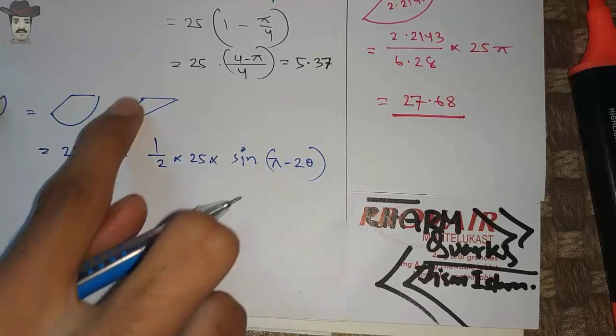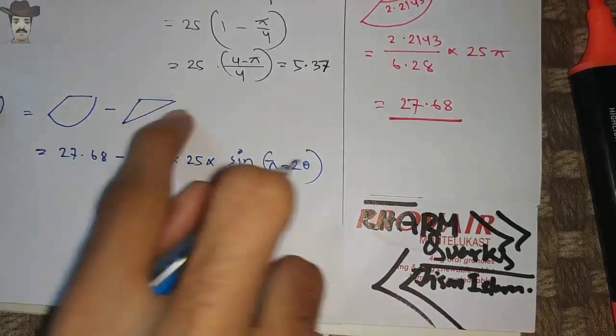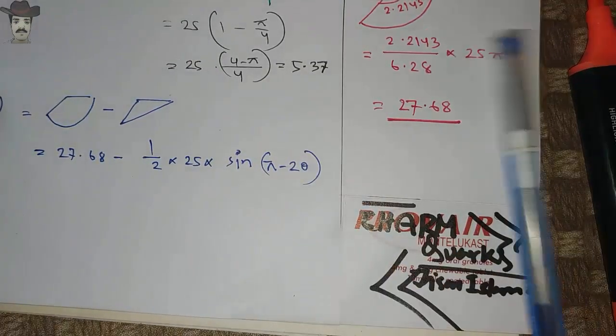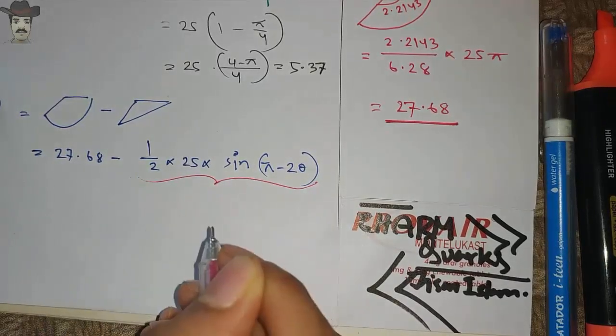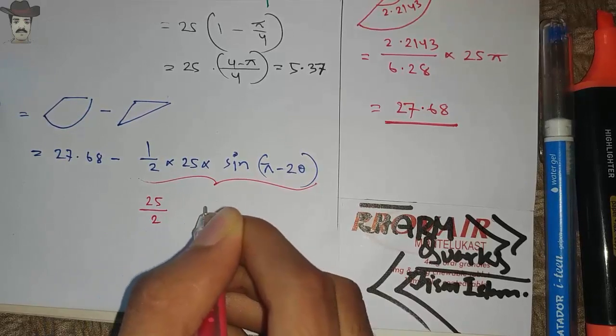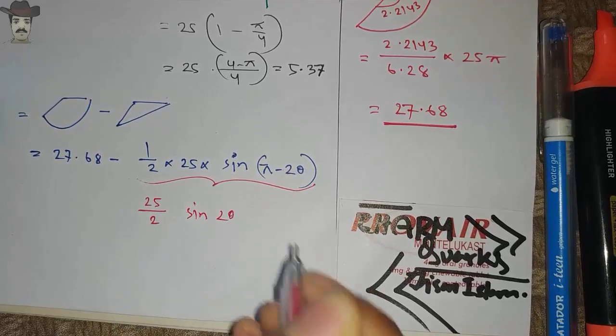We already know the area of the circular sector and what will be the area of this triangle. Okay, so we can simplify this a bit. This will be just 25 over 2 sine of pi minus 2 theta, which is simply sine of 2 theta.